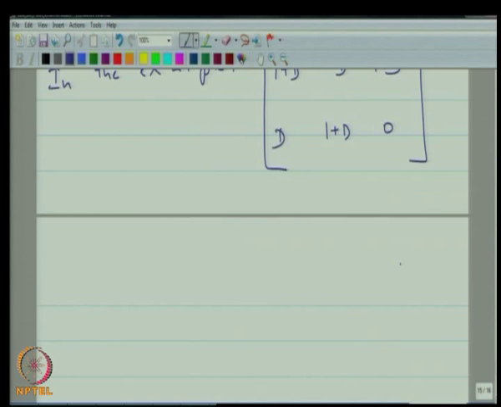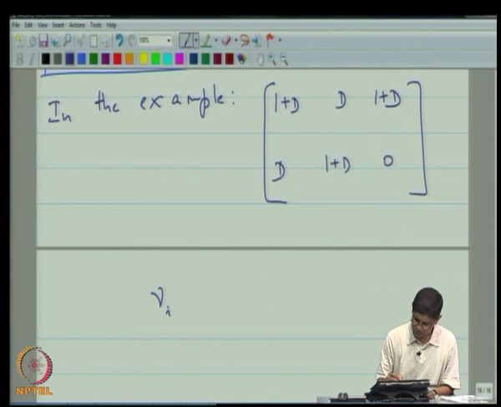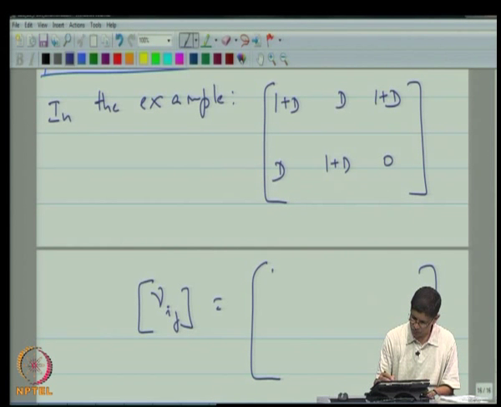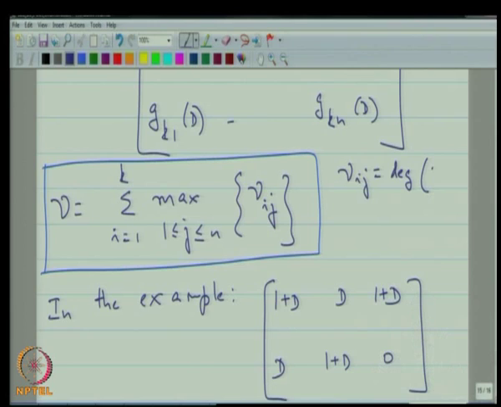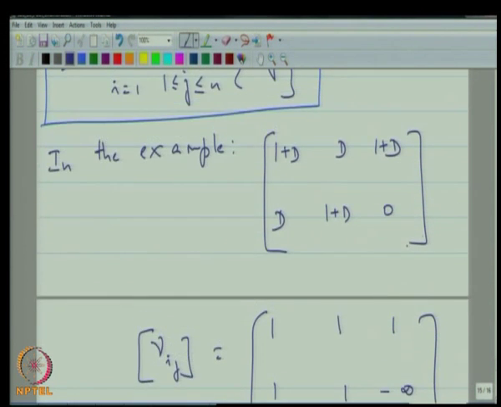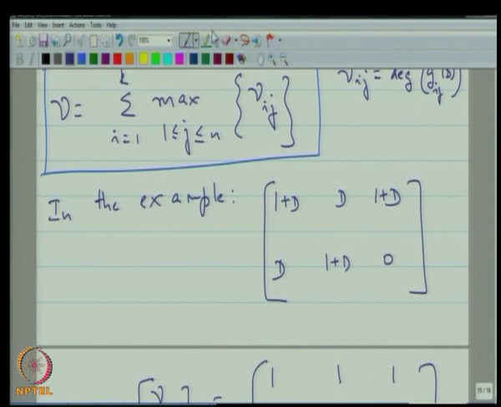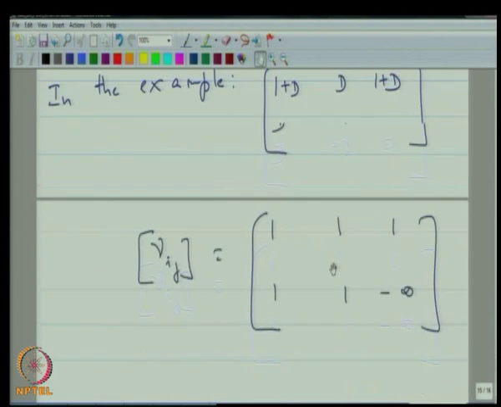So, our nu I j, if you put these in a matrix, you will get 1, 1, 1, 1, 1, minus infinity. You can also think of the nu I j as being the degree of the polynomial g I j of D. And since we have a 0 polynomial here, in this instance we will regard the degree as minus infinity.